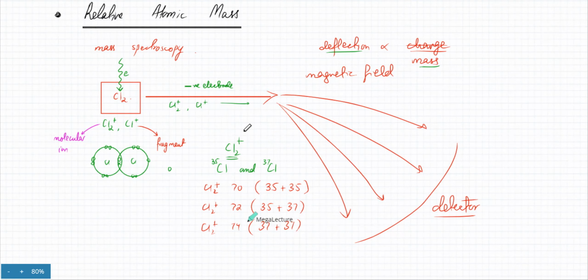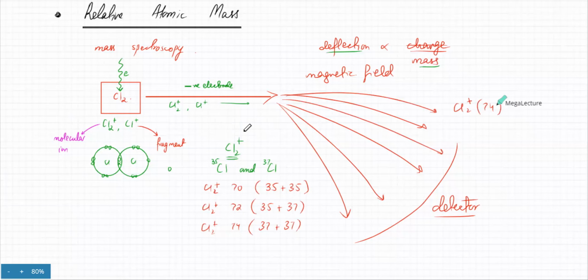So I'm just going to draw. These are the heaviest particles, so they're going to get deflected the least. The Cl2+ with a mass of 74 is going to be deflected the least because it is the heaviest, so you're going to get it somewhere over here. Then you're going to get Cl2+ again, but this time the mass is 72.